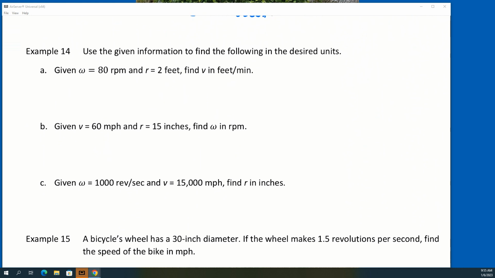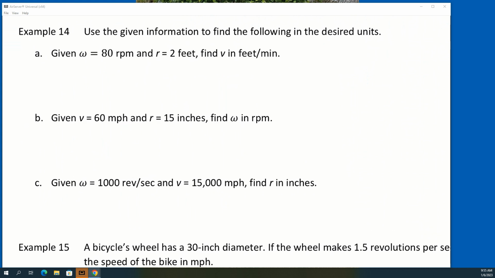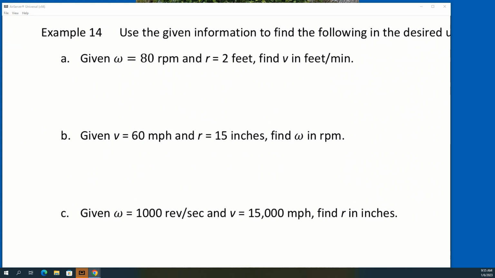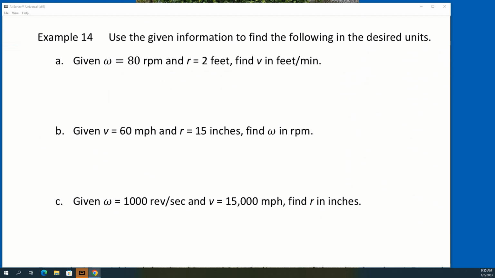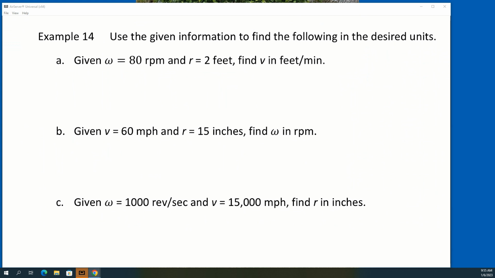All right, so on 14, we're going to use the given information to find the following in the desired units. So we have that omega is 60 revolutions per minute, and r is 2 feet, and we want to find v in feet per minute. Now to find v, we're going to multiply omega times r.